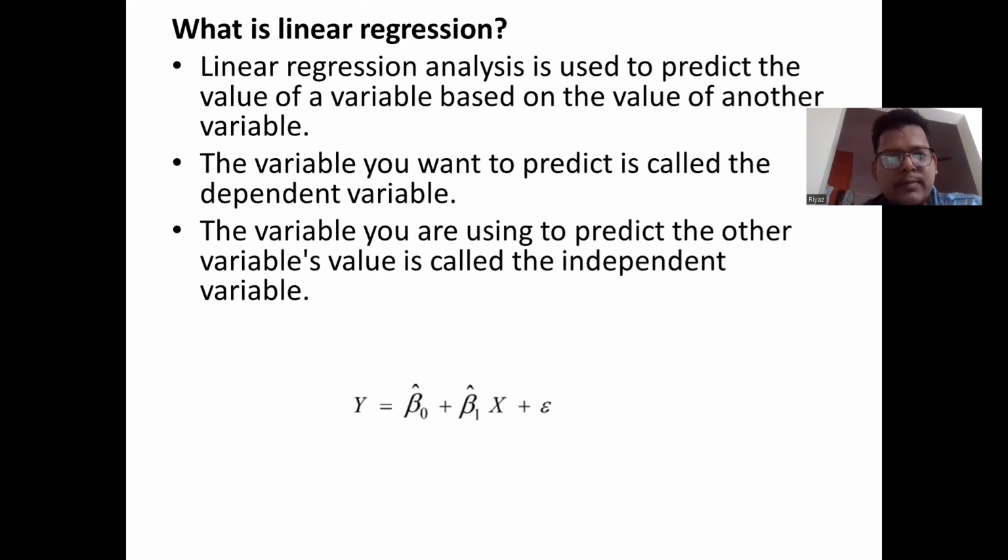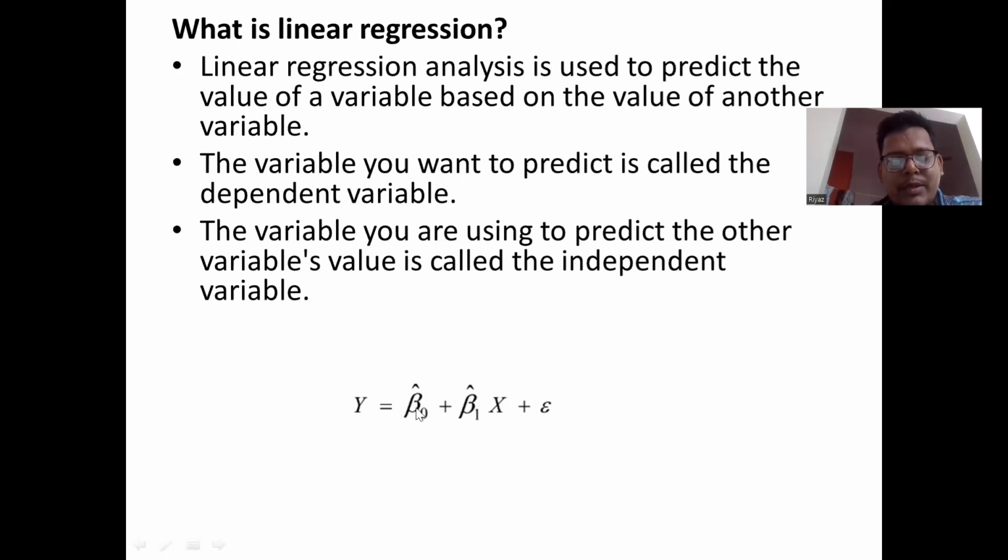So what is linear regression actually? Linear regression analysis is used to predict the value of a variable based on the value of another variable. Like here you can see y is equal to beta naught plus beta 1 x plus epsilon. So here beta naught and beta 1 are the weights, or rather beta naught is the intercept and beta 1 is the slope.